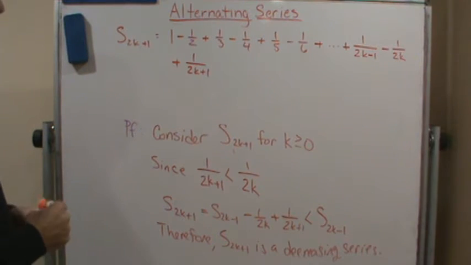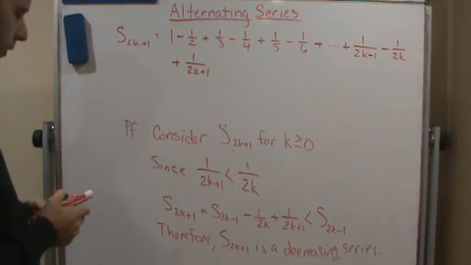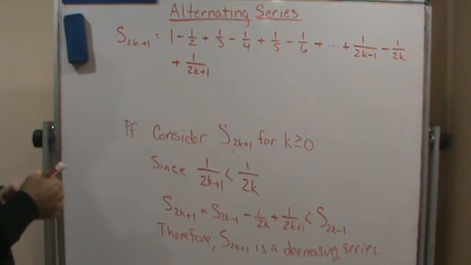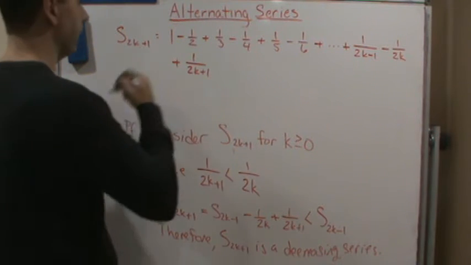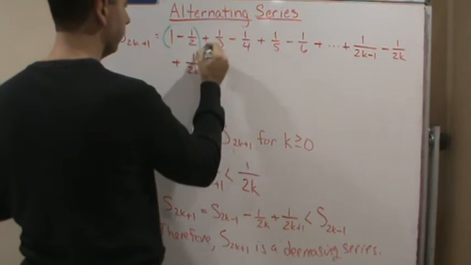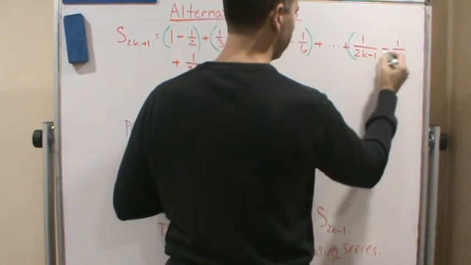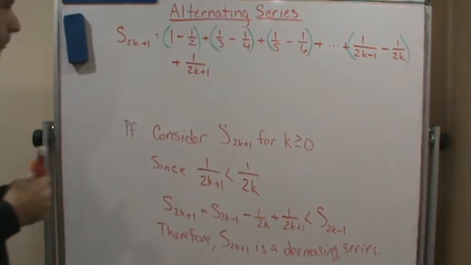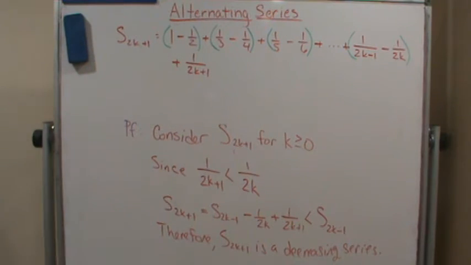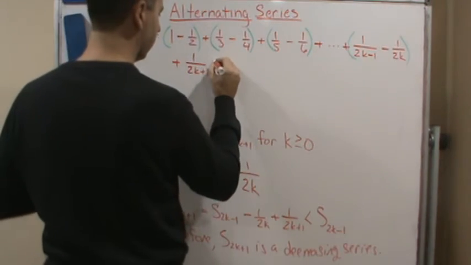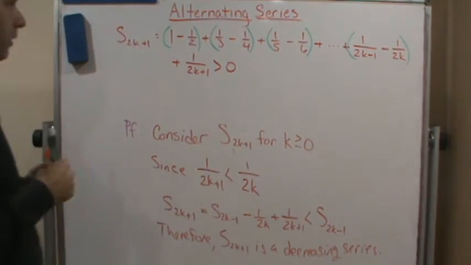So if we write out these terms for the 2k plus 1, notice that if we group these like so, this is greater than 0.